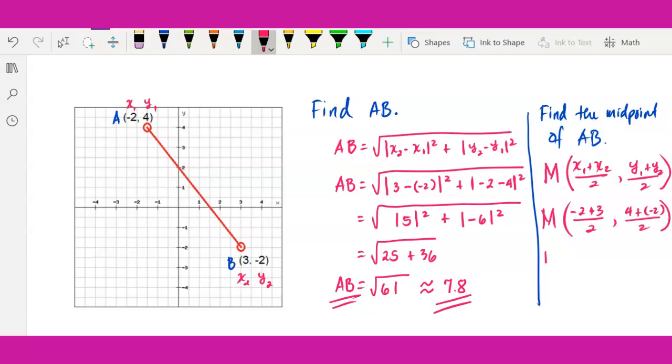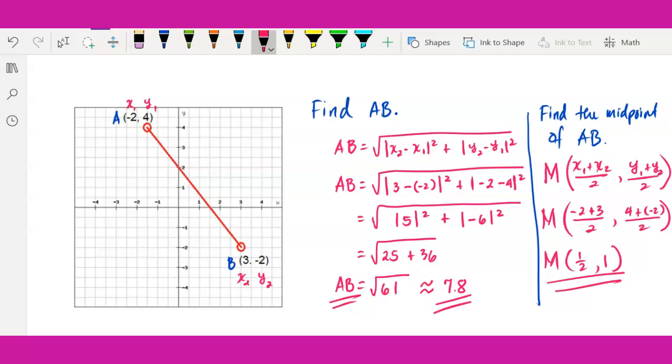So negative 2 plus 3 is 1, over 2 is 1/2. 4 plus negative 2 is positive 2, divided by 2 is 1. So the midpoint is 1/2, comma, 1.